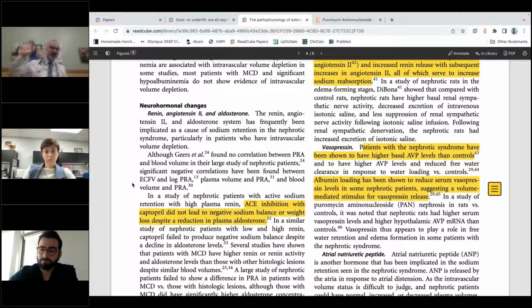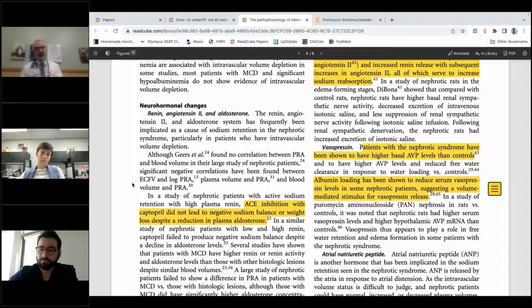The macula densa sees that low concentration of chloride, and the macula densa stimulates the release of renin from the juxtaglomerular cells. Renin cleaves angiotensinogen into Ang1. Ang1 becomes Ang2 via ACE, and Ang2 causes sodium reabsorption from the proximal tubule. It stimulates aldo release, which is going to pull sodium and water in the distal tubule. So the net effect would be water retention. Because of sodium retention, the urine sodium should be low. Okay, so we're all in agreement there.